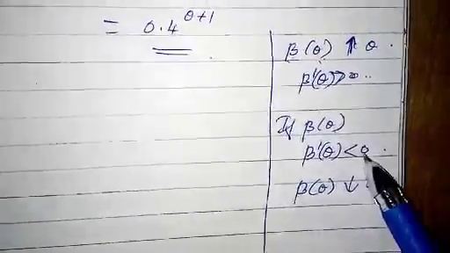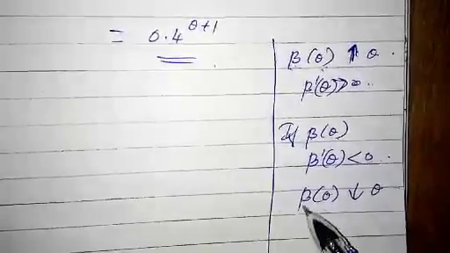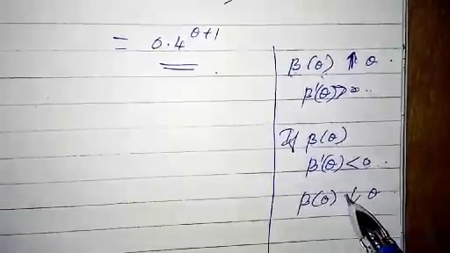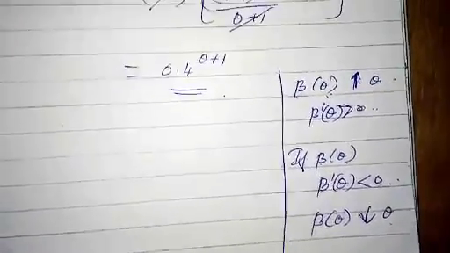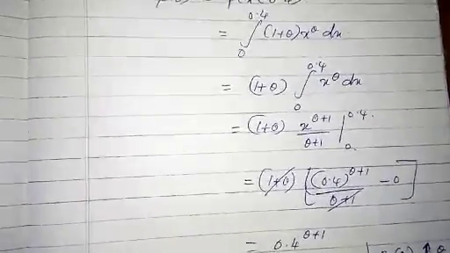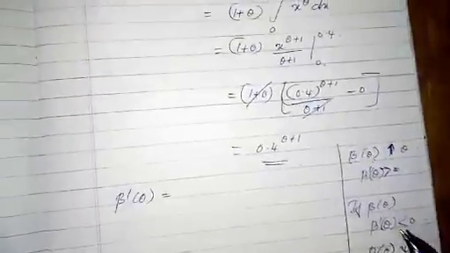If b dash of theta is less than 0, then beta of theta is a non-increasing function of theta. So here we have to find out what b dash of theta is. What is b dash of theta here?